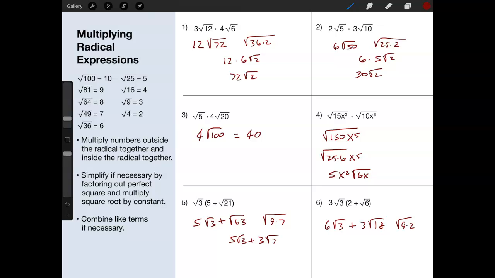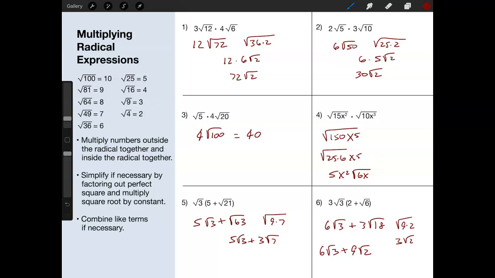That is 9 times 2. We can simplify that to 3 square root of 2. We multiply the 3's together. And our final answer is 6 square root of 3 plus 9 square root of 2. They cannot be combined because we have 6 square root of 3 plus square root of 2.